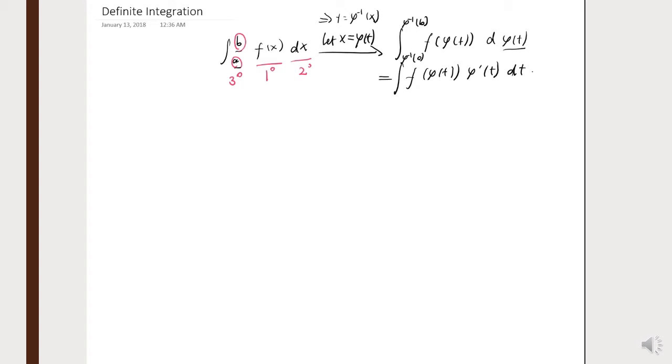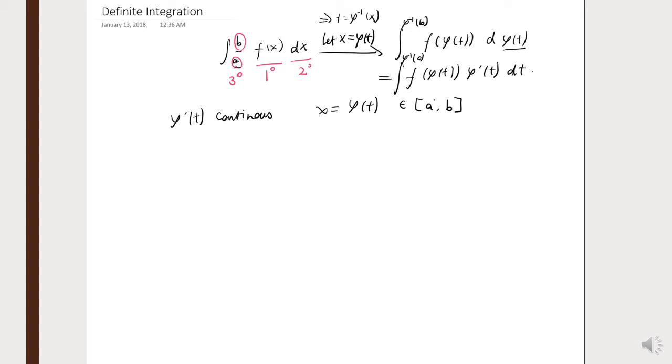So we have to make sure that phi t's prime, the derivative, is continuous, which means on this range there's no breaking point. And also we have to make sure that x equals phi t is within the range A and B inclusive.